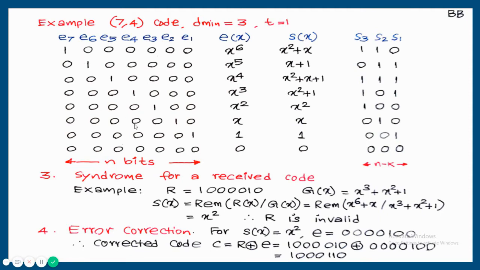The first 7 are 7C1 and the last one is 7C0. That is 1 and 6 zeros, meaning the first bit is in error, second bit is error bit, third bit, fourth bit, fifth, sixth, seventh. These are the only 7 positions. A 7,4 code can detect and correct only 1 bit error.